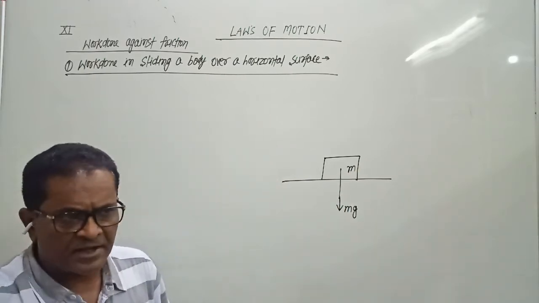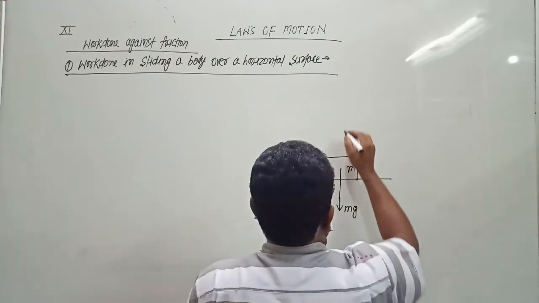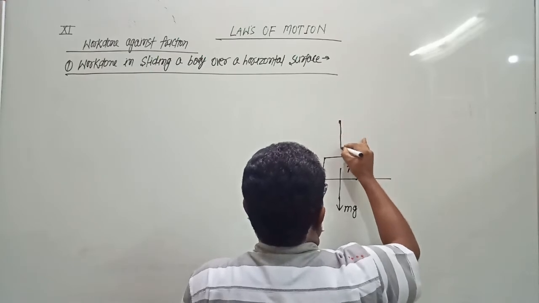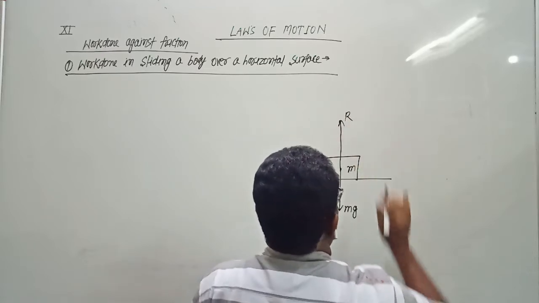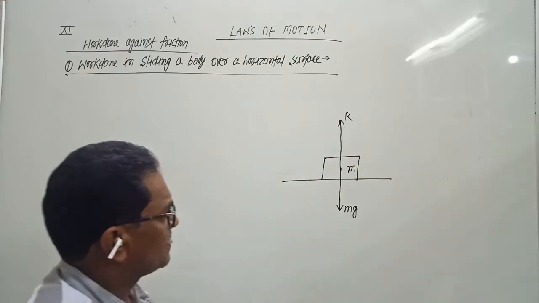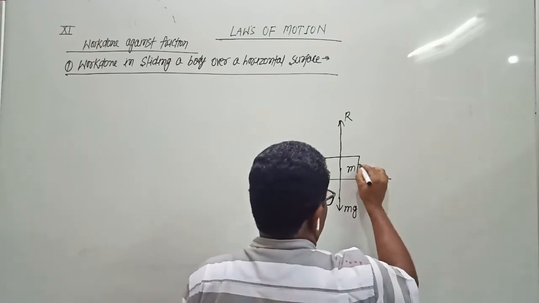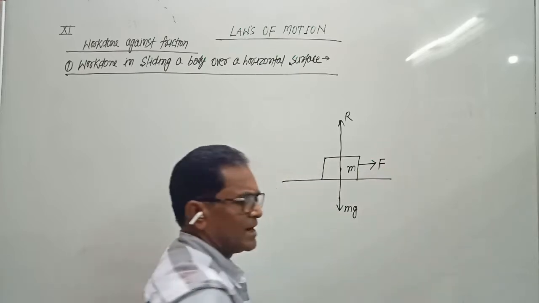Its weight acts vertically downward, and the normal reaction, represented by R, acts opposite to the weight in the upward direction.